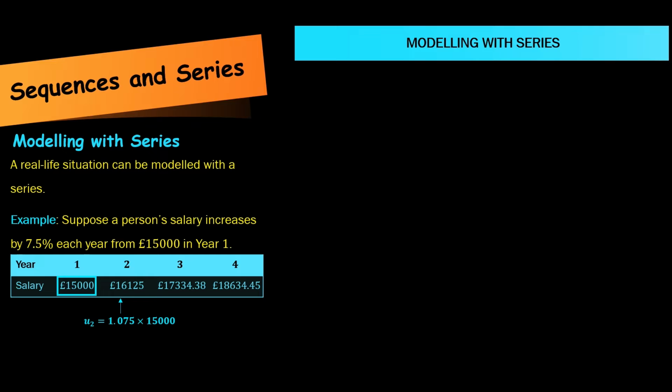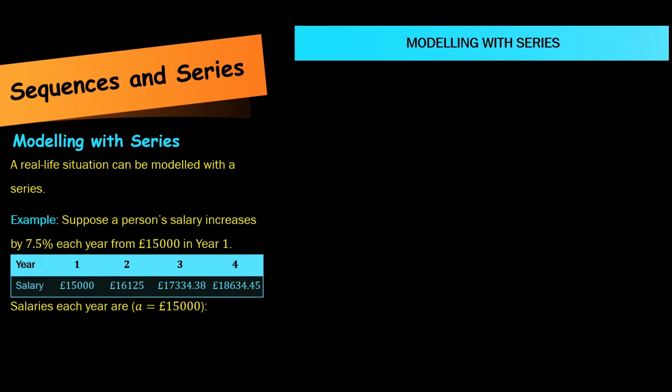The salary in year 2 is 1.075 multiplied by the salary in year 1. The salary in year 3 is 1.075 multiplied by the salary in year 2. And similarly, the salary in year 4 is 1.075 multiplied by the salary in year 3.